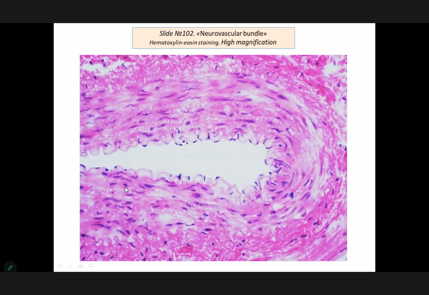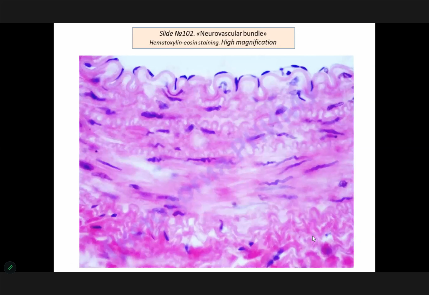Another example of this preparation: endothelium, subendothelial layer, and internal elastic lamina comprise intima, then media with smooth muscle cells and some fibers between them, and outermost adventitia, loose connective tissue.